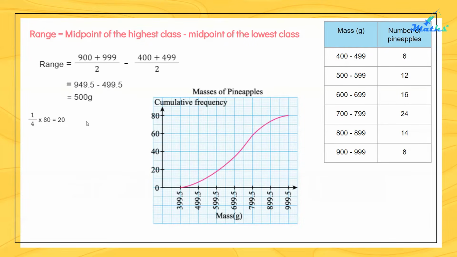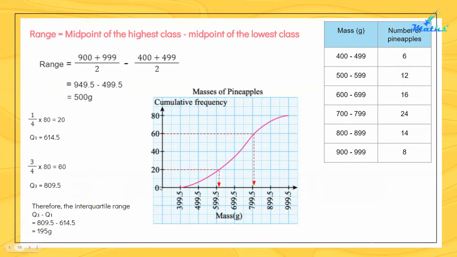And now we need to find the interquartile range. For the interquartile range, we need to use Q3 minus Q1. So we find Q1 first. The Q1 formula is 1 per 4 times total frequency.